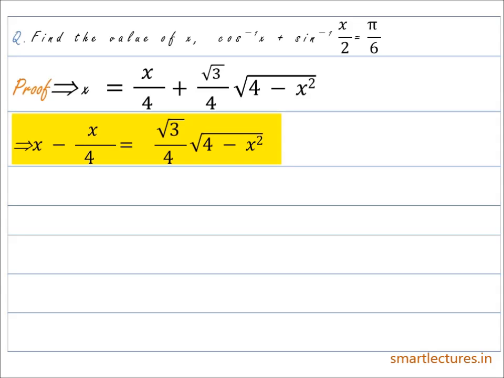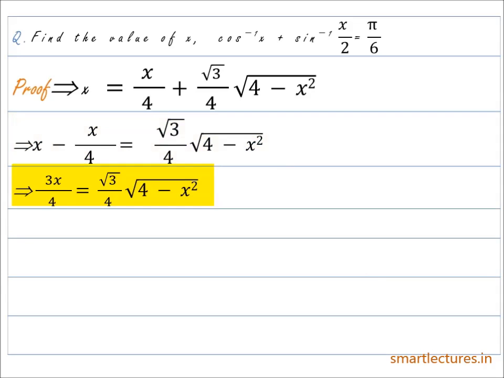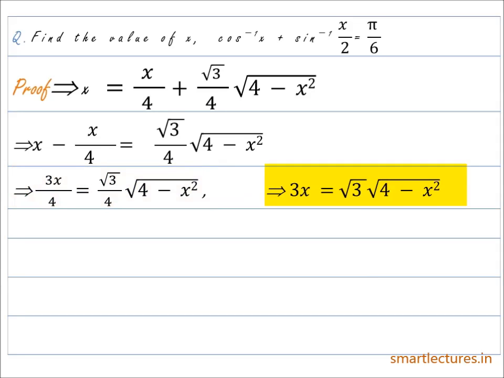So now we have 3x upon 4 is equal to under root 3 upon 4 into square root of 4 minus x square. Or we can also write it as 3x is equal to under root 3 into square root of 4 minus x square.